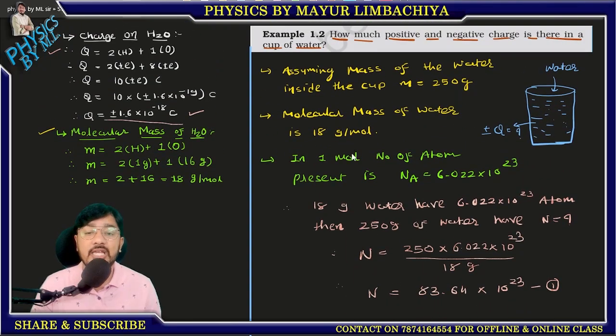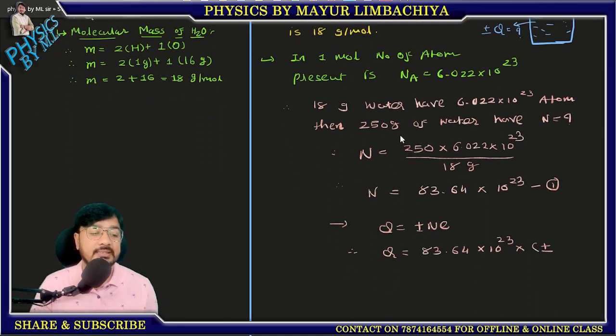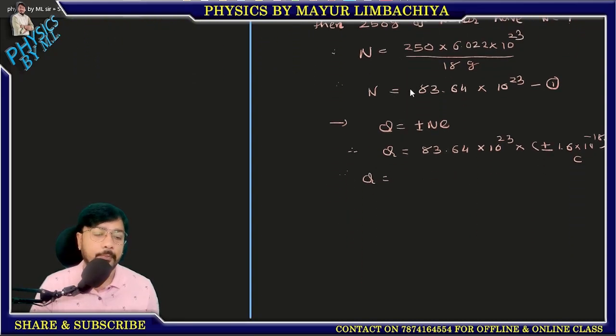It means this value, plus or minus 1.6 into 10 raised to minus 18 coulomb. So dear students, if we calculate this, we will have 133.82 into 10 raised to 5.